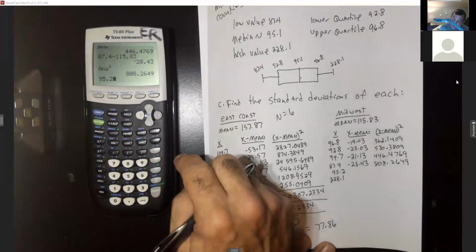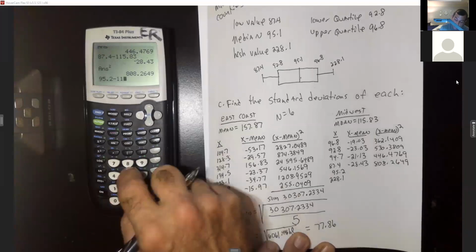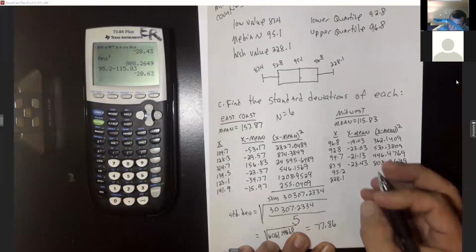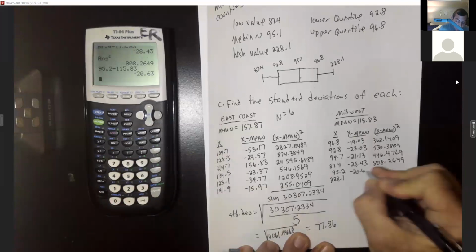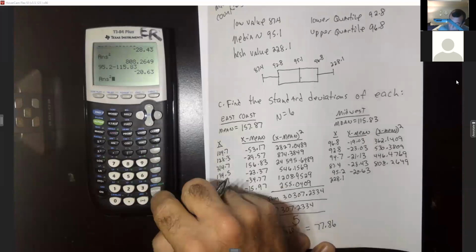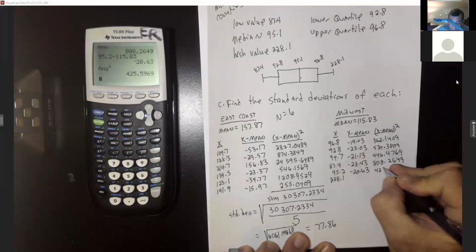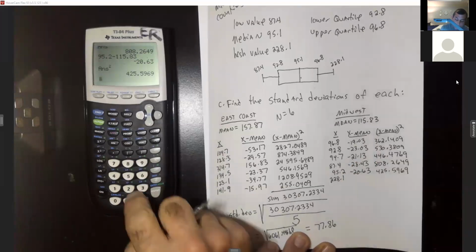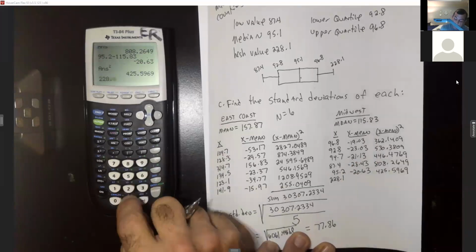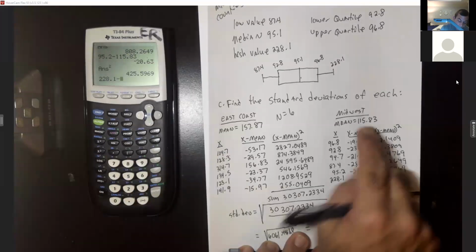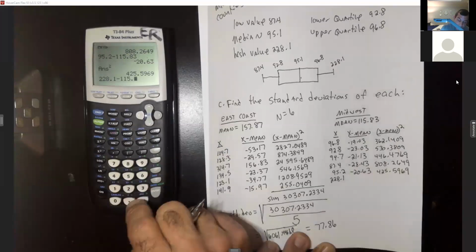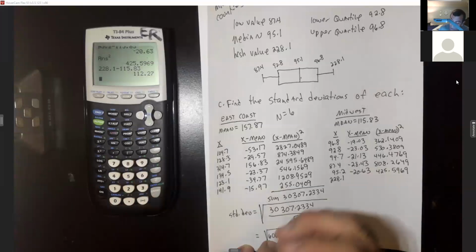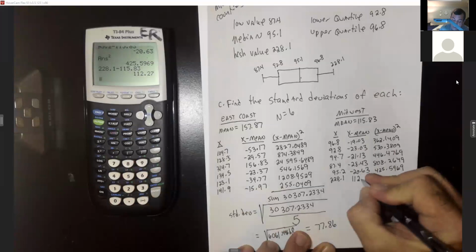95.2 minus 115.83 is going to give me negative 20.63. Square that, I'm going to get 425.5969, and then finally 228.1 minus 115.83 is going to give me 112.27.